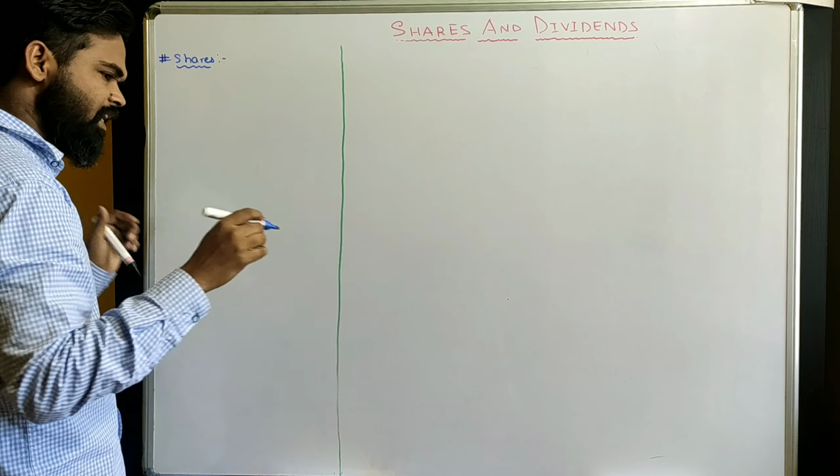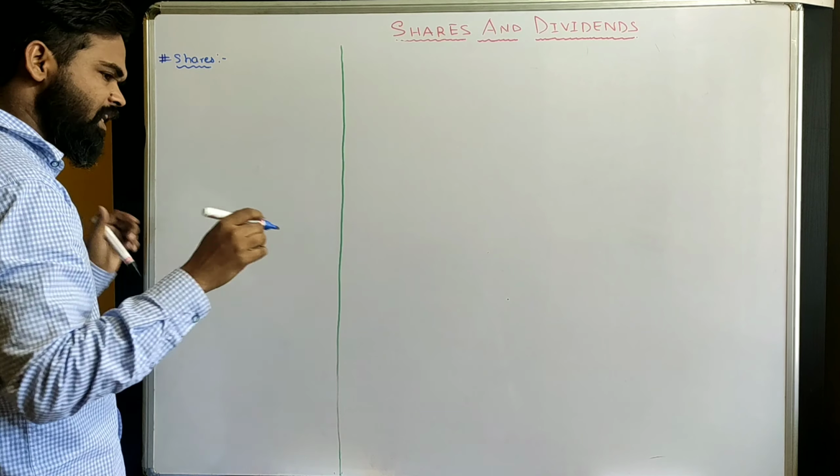If he wants to increase his annual income by rupees 150, how many extra shares should he buy? Simple. Take this as the dividend and see how many shares will give you this dividend. Those numbers of shares he needs to buy. Now we know dividend equals number of shares into nominal value into rate of dividend by 100.